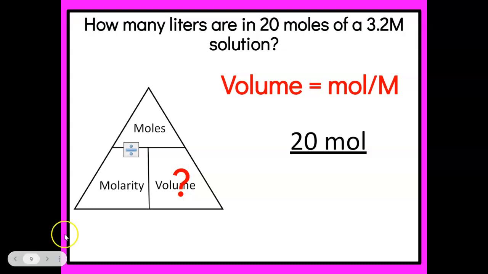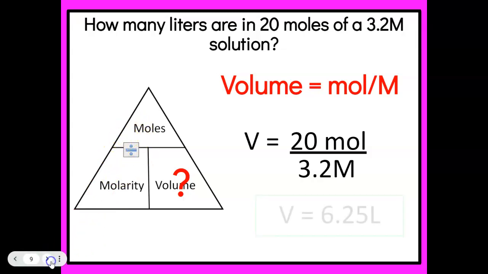So our volume is going to be equal to our moles over our molarity. This is how we can use this triangle. So moles over molarity will give us our volume. If we just plug that in, our volume is equal to our 20 moles divided by our 3.2 molar solution. Again, that's how we can use our triangle to help us solve.